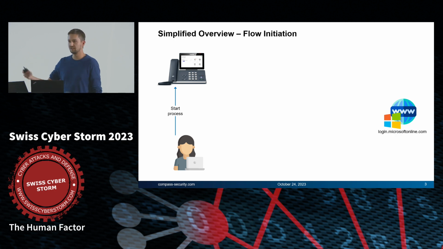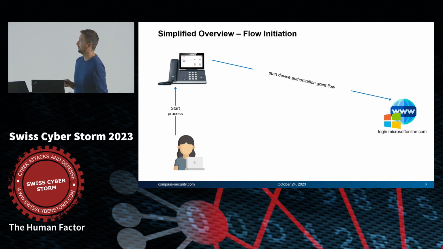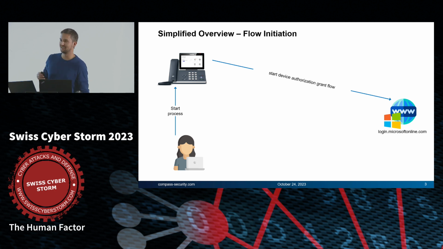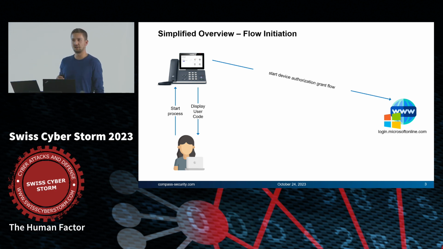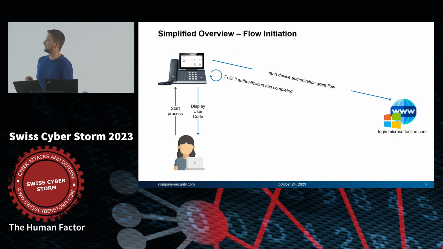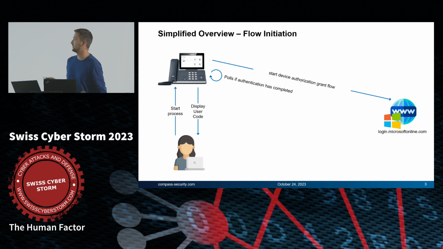So he pushes a button or whatever. We have the phone initiating the device authorization grant flow. That's what it is called in the RFC. And the phone will display some kind of instruction to the user, including a user code. And in the background, our phone will poll whether the authentication has already happened or not.